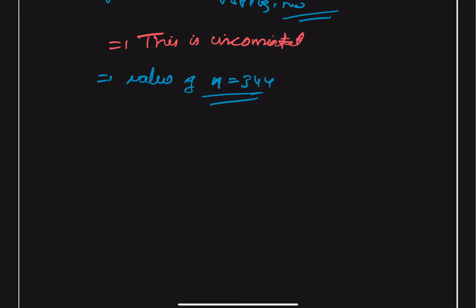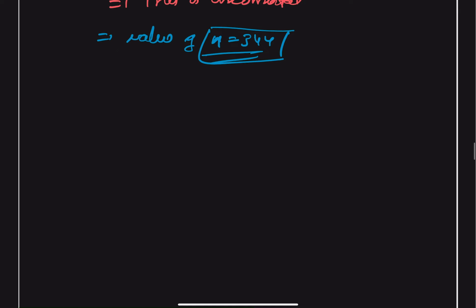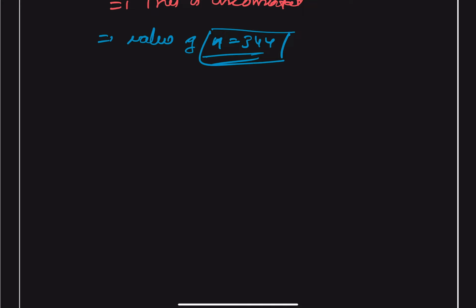Now there is another way so that we can further verify whether this particular result, which we just found, that the value of n should be equal to 344, is still valid or not. Okay. So let us try to solve it further also.